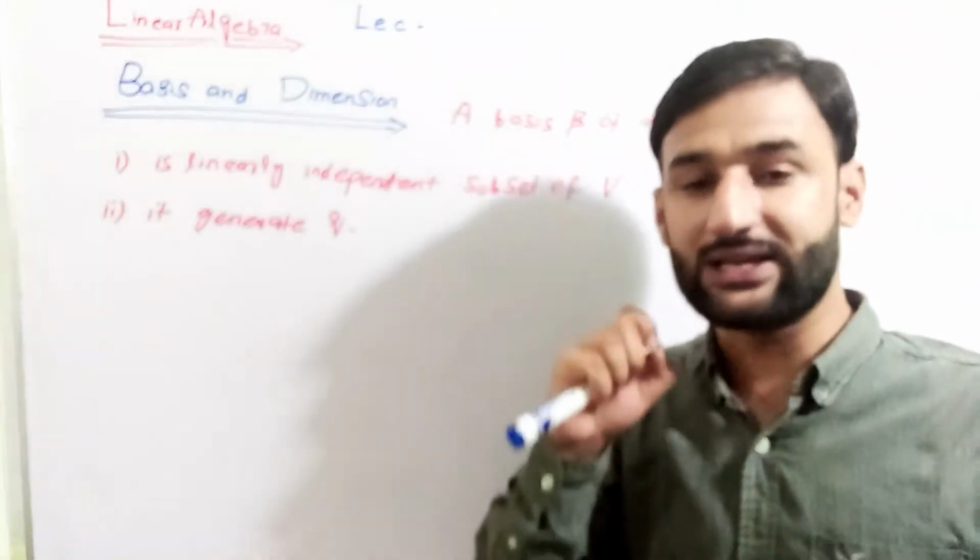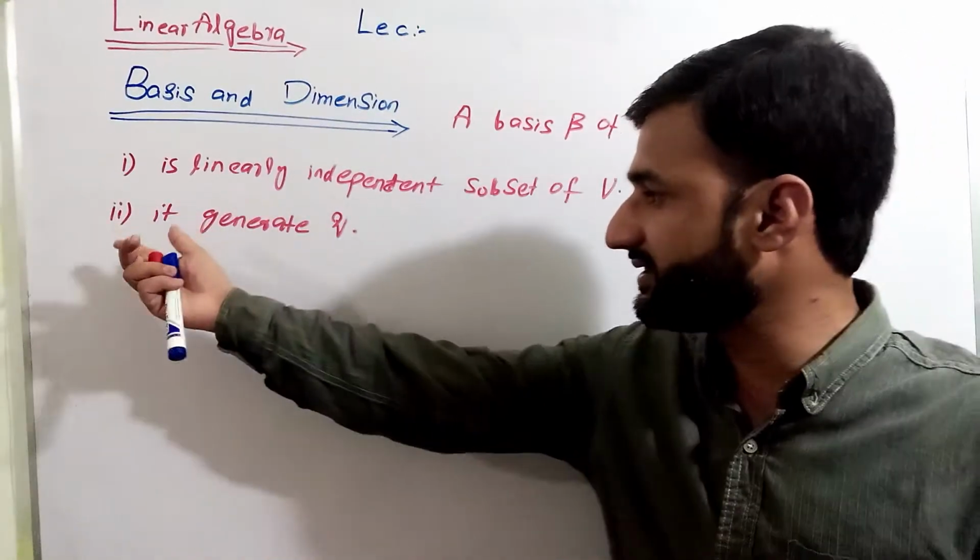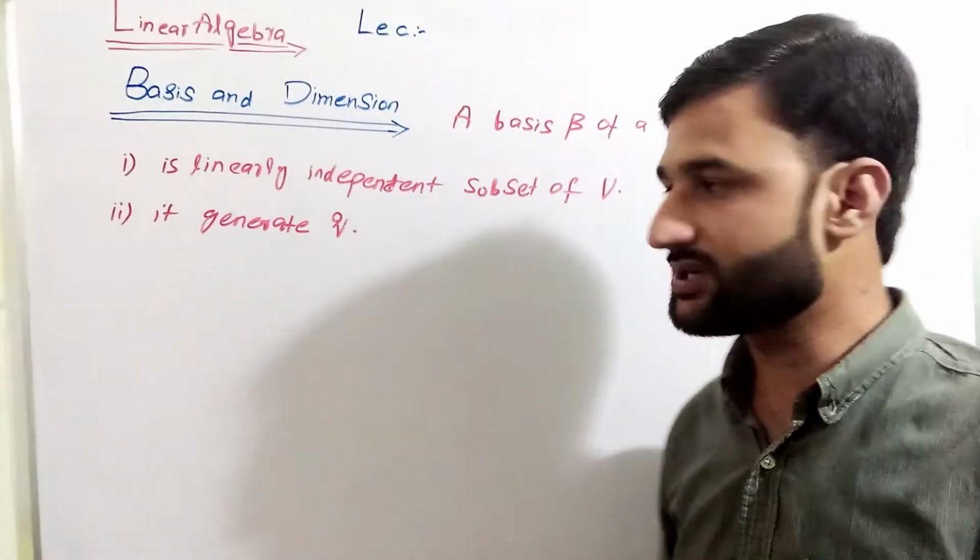When it is a linearly independent subset of V, then it generates the vector space V.